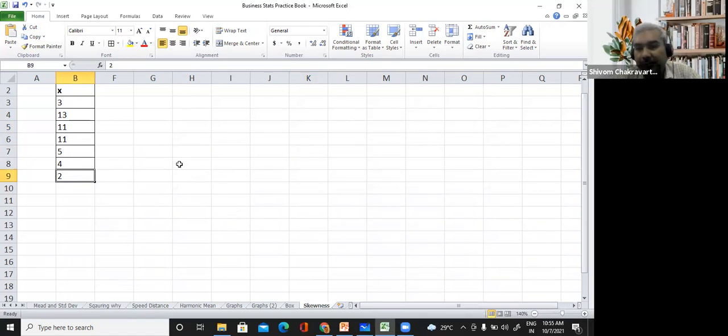Just use the moments formula. Moments formula initially looks the most difficult to use, so let us use that only.